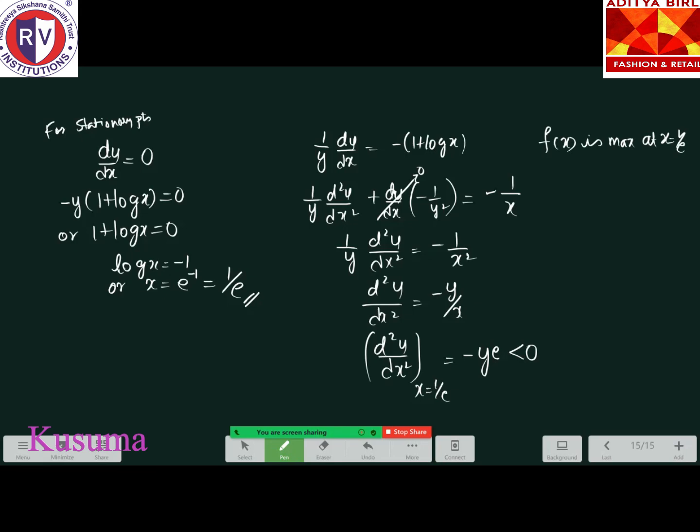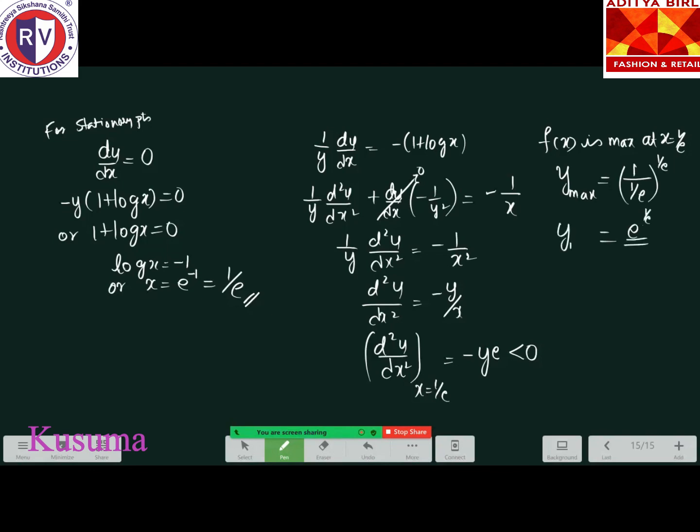Okay. Now let us find out y max. Y max is, we had the function as 1 by x to the power x, right? So that is 1 by e to the power 1 by e, which is equal to e to the power of 1 by e.